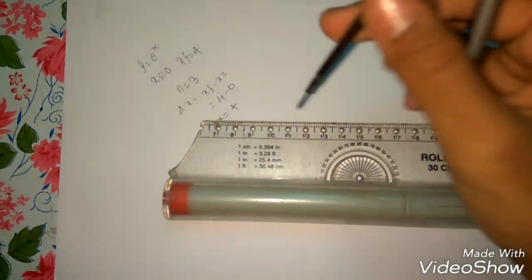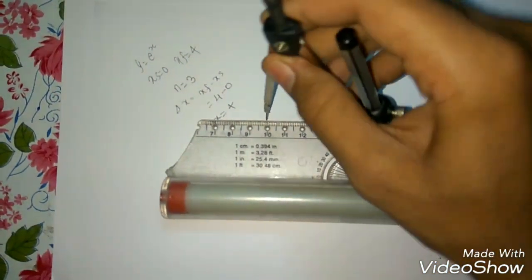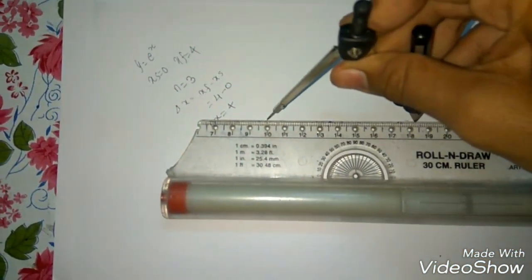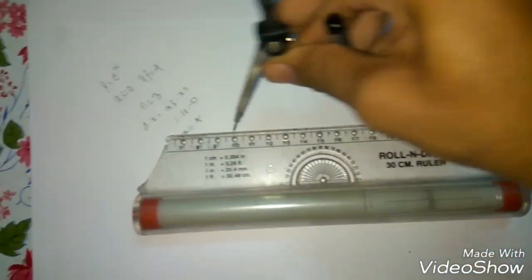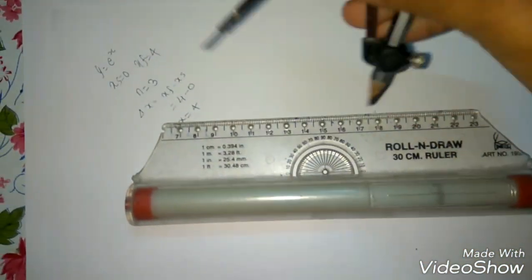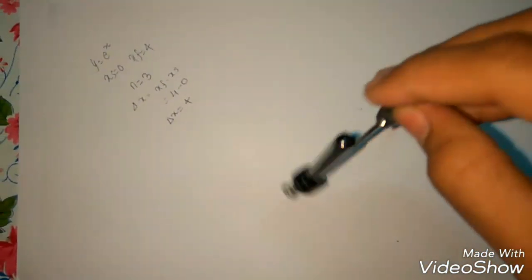So you will be needing a compass, a cup and a ruler. So first let's measure the diameter 8 centimeter from the point. So this is 8 centimeter and we draw a circle.